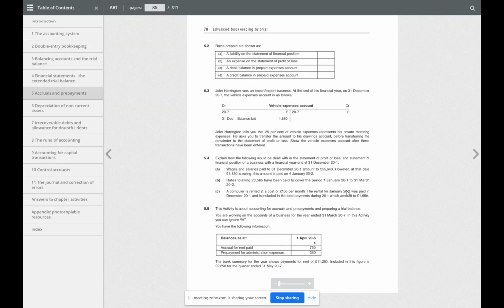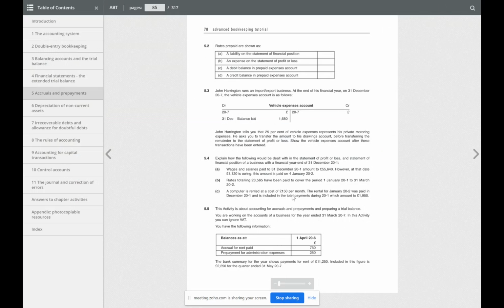And rental for January 2012 is for the next year. This January 2012 is not related to this year, but we paid the rental for this in December this year. So we paid in advance. 150 paid in advance, and it's included in the total payment, which was 1950. So we paid 1950, but in this 150 is related to the next year. So it is payment in advance, prepayment.